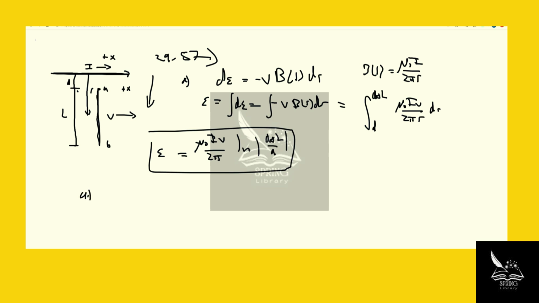Now for part B, we want to figure out, does point A or point B have a higher potential? Let's think about the magnetic force on the positive charges in there. The magnetic force is given as qv cross B. For a positive charge, we have v to the right and B into the page.